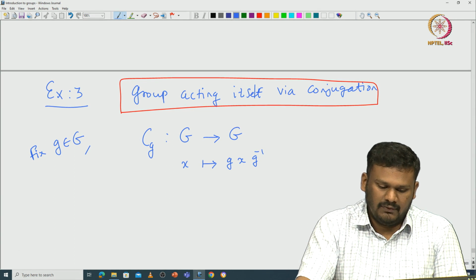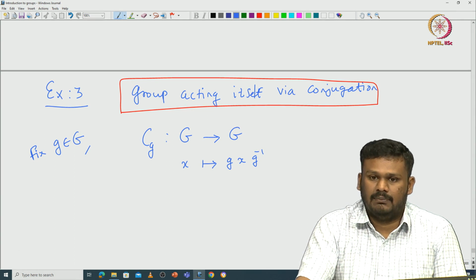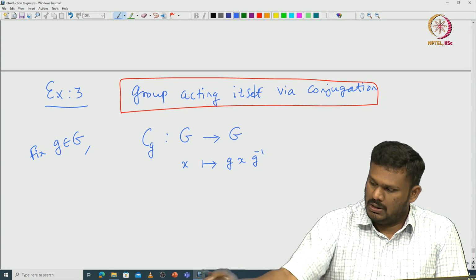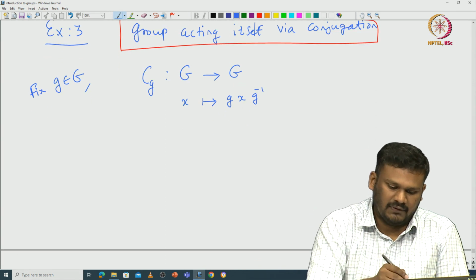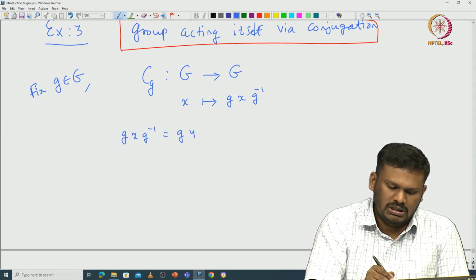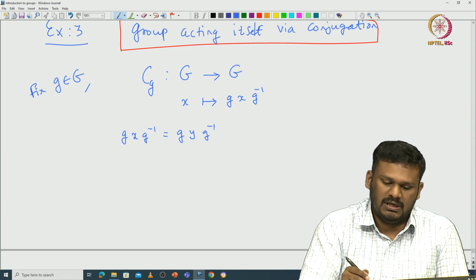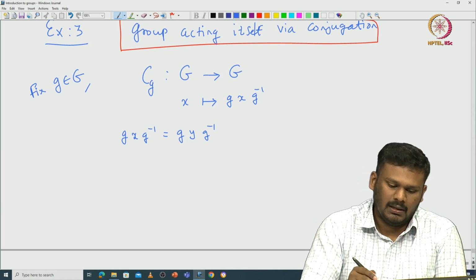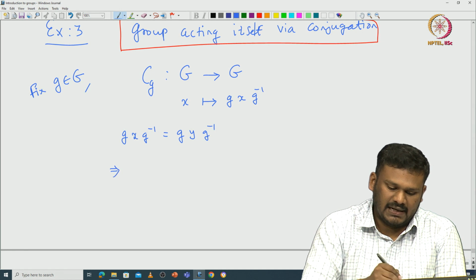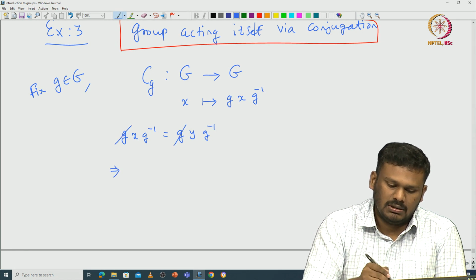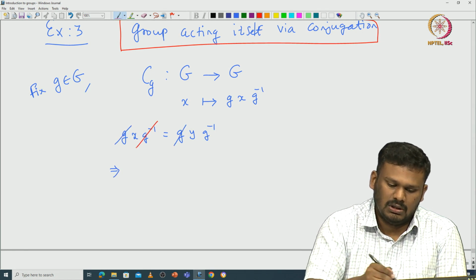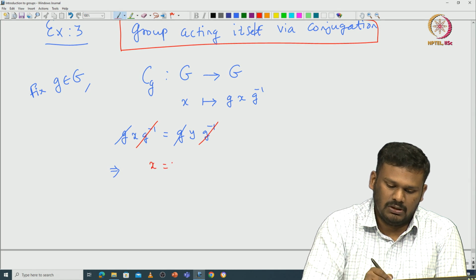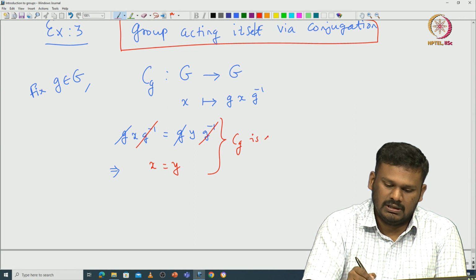So, that is your map Cg. We want to say that Cg is again a bijective map from G to G. Why is it a bijective map? Let us verify. Suppose g x g inverse is equal to g y g inverse, that means the two images are the same. Then by cancelling g and then g inverse, you can see that x must be equal to y. So, this proves that Cg is injective.